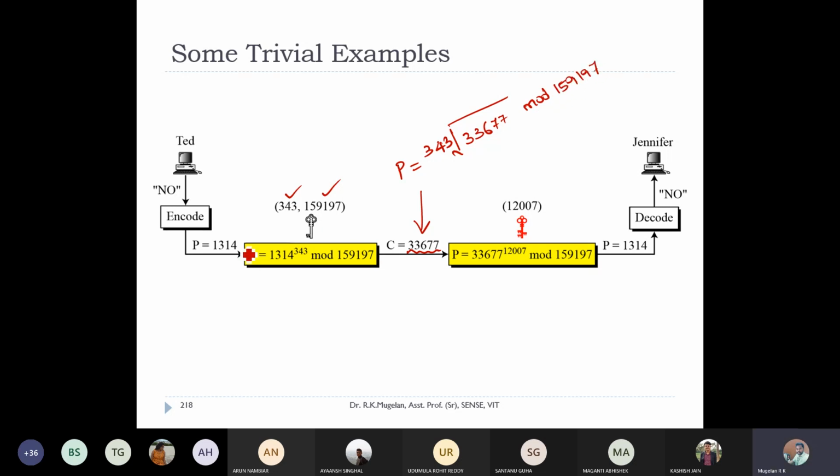Then only can he get the plain text back and the exact alphabets N and O. Otherwise, if the private key is used, once a ciphertext is received, they raise it to the power like this, and mod, they get the original plain text back. Don't worry, in the examination we won't ask like this. It is for your understanding, I just kept it. Simply to transmit NO, just see how much computation it undergoes. So it's highly secure, that's why.